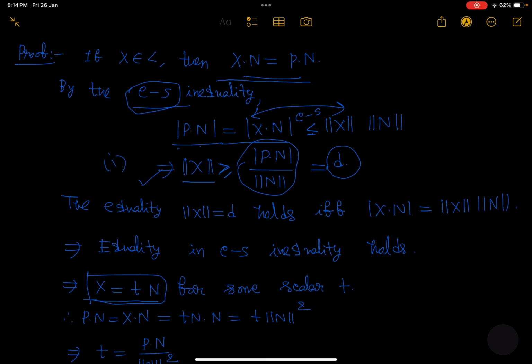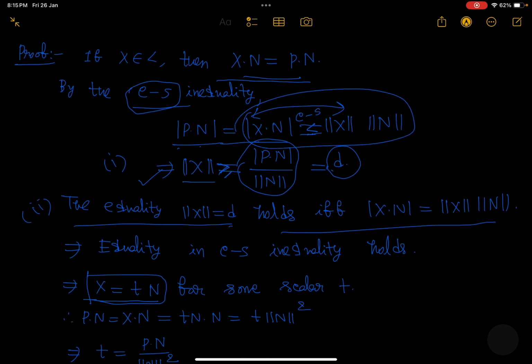Now for the second part, we want to prove that norm of x equals d if and only if x is the projection of the point capital P along the normal vector n. Observe that we want to make the norm of x equal to d. Once this is equal, the equality in the Cauchy-Schwarz inequality holds.